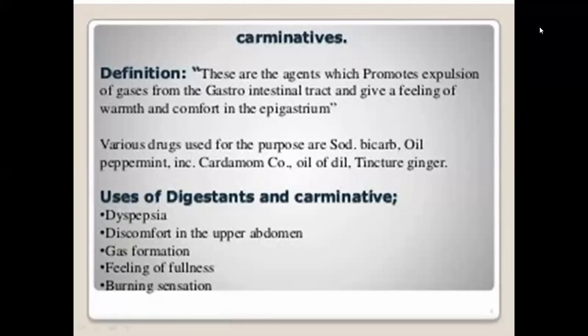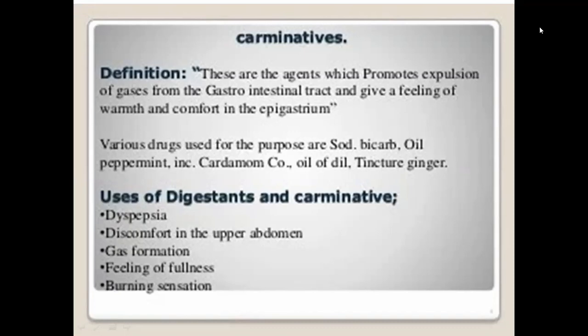And then next, gas formation. The main function of a carminative is to expel the gases from the GI tract. So if there is gas formation, then these carminative agents are used. Then next, feeling of fullness. If there is overdigestion or fullness of the stomach, then carminatives are given.